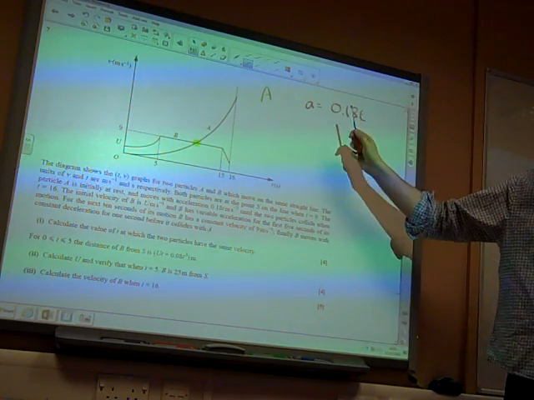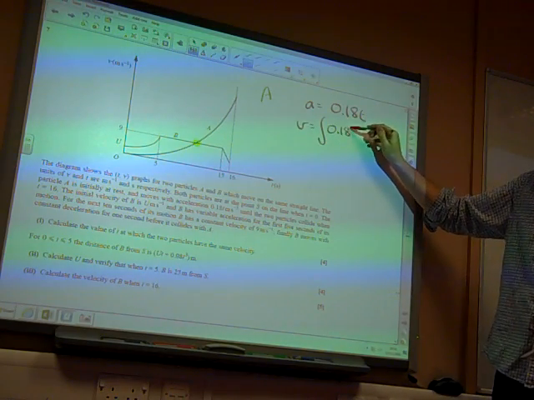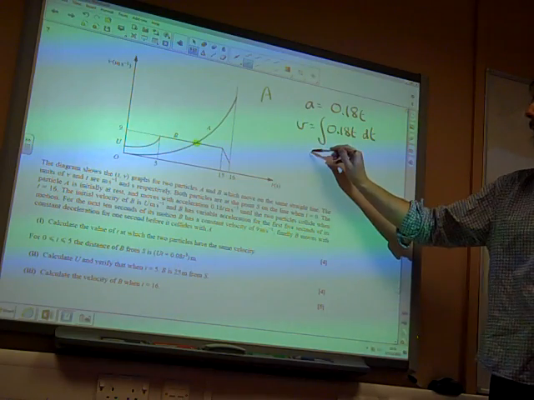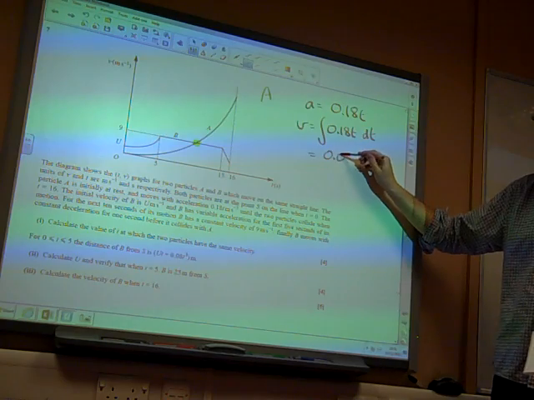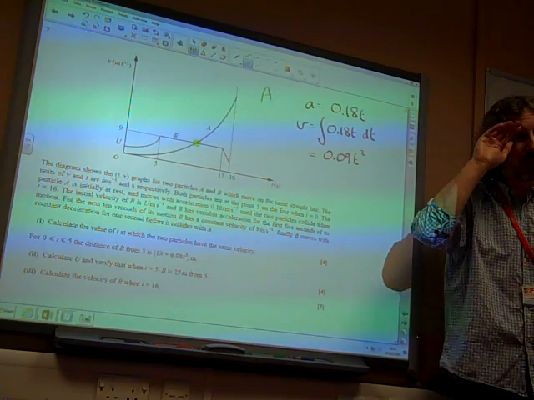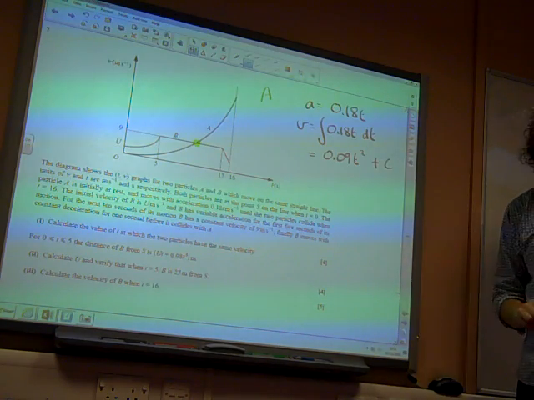That's its acceleration. To get its velocity we need to integrate. The velocity is the integral of 0.18 t with respect to time. To integrate we add 1 to the power and divide by the new power. That gives us 0.09 t squared, that's 0.18 over 2, t to the 2, plus c.